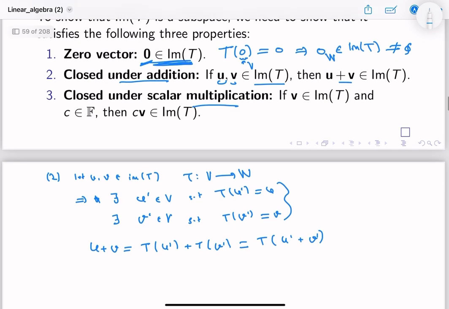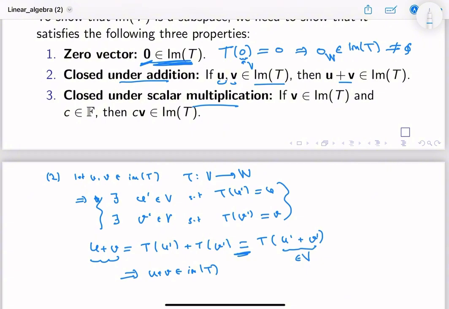This is a vector in V, and since it gets mapped to u plus v, this implies that u plus v is in the image. So this is the trick: you use what you know, and you use the fact that T is linear, and you get the thing that you want.